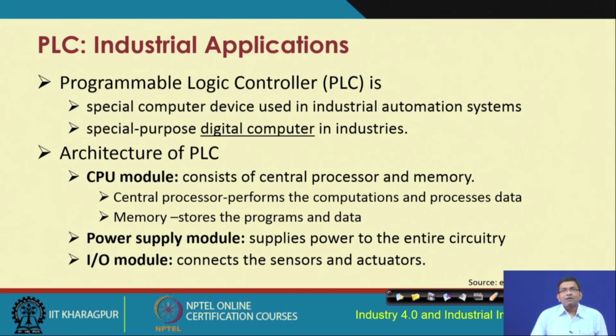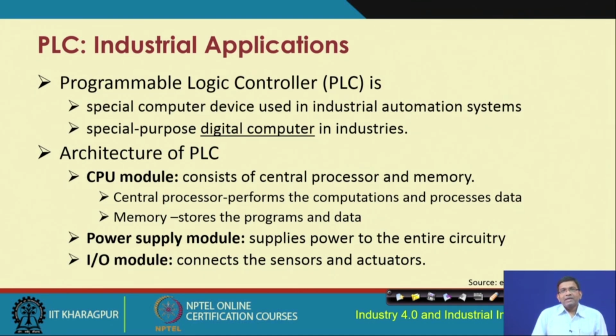So, these PLCs are quite widely used in the industries for automation purposes, and these PLCs could be extended further to be able to serve the industrial internet and IIoT requirements.